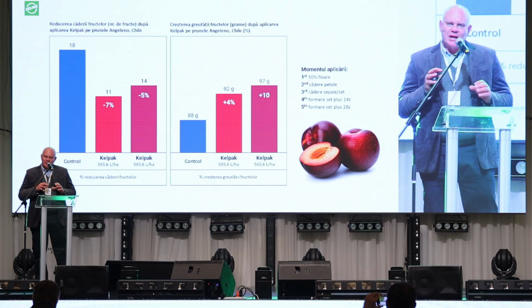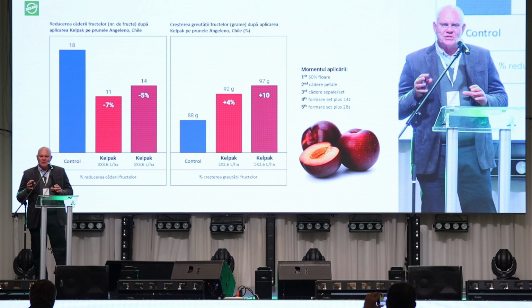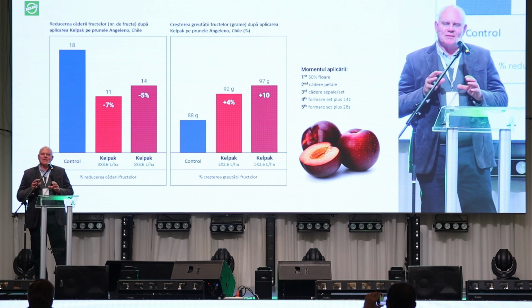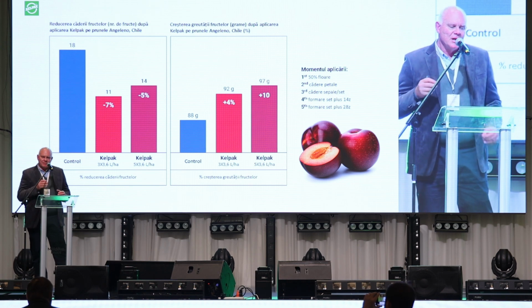Now there's more fruit on the tree, and the tendency normally if you have more fruit is that it affects the size. The size is not improved that well. What we found is that with this reduction in drop, we still showed an increase in the fruit size.